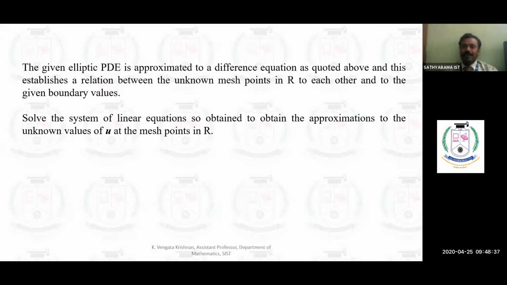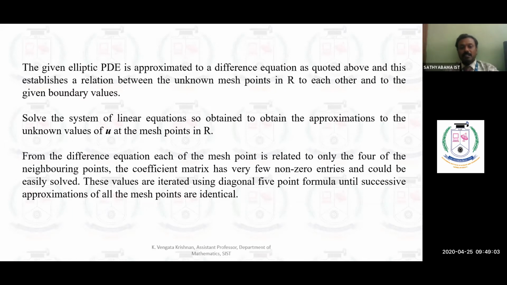Gauss elimination, Gauss Seidel, or direct methods which you have learned in lower classes, because all of them are going to be linear equations. If the variables are very few, we can go for direct elimination method, direct solution. Suppose we have a larger number of variables, we have to seek the help of automation, that is systems, then it's better to have Gauss Seidel or Gauss Jacobi.